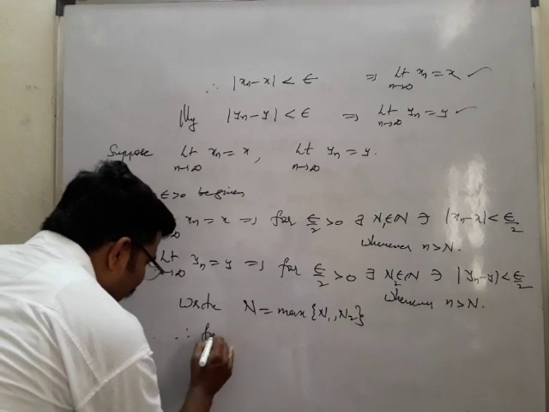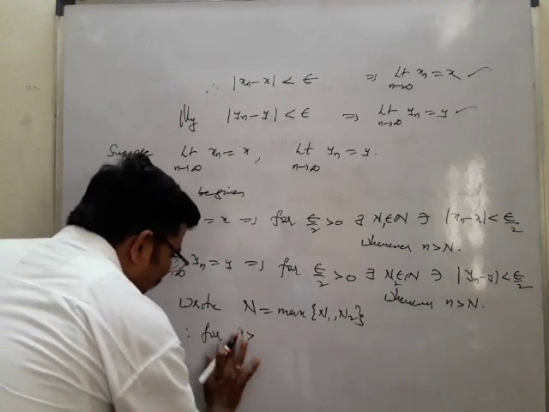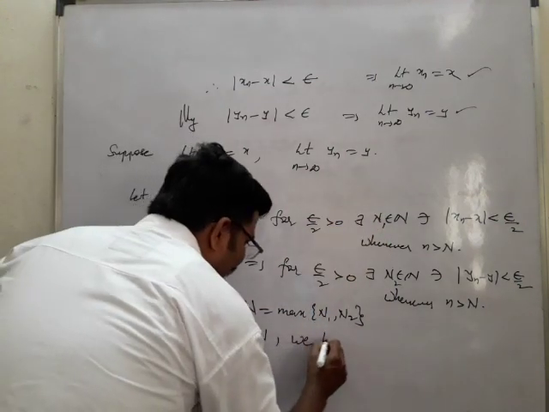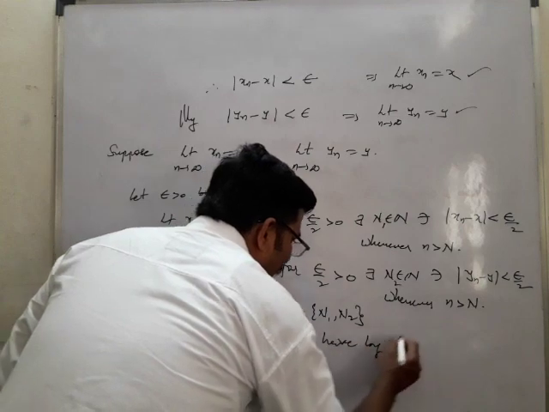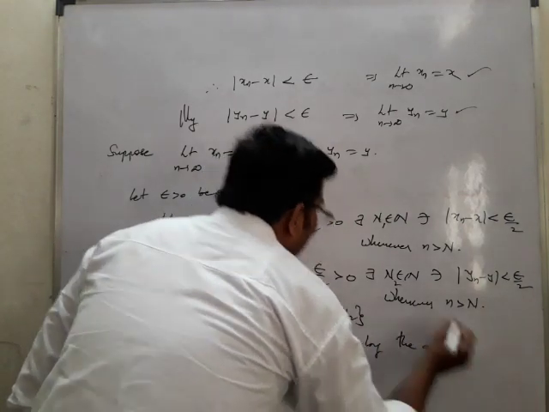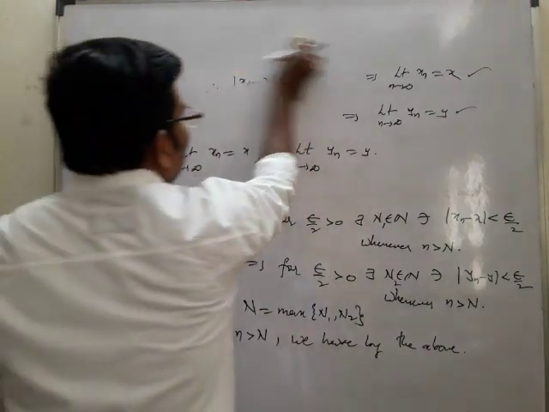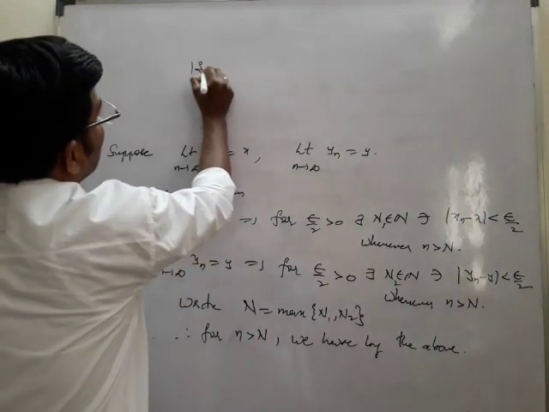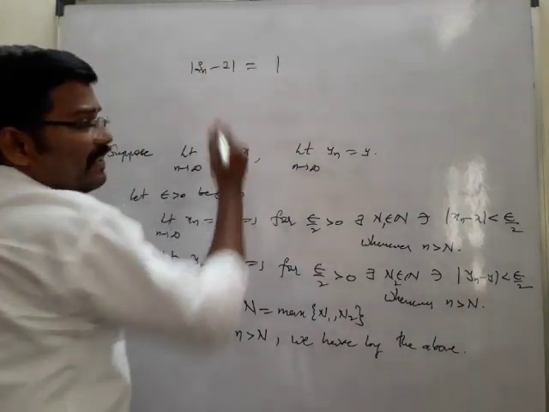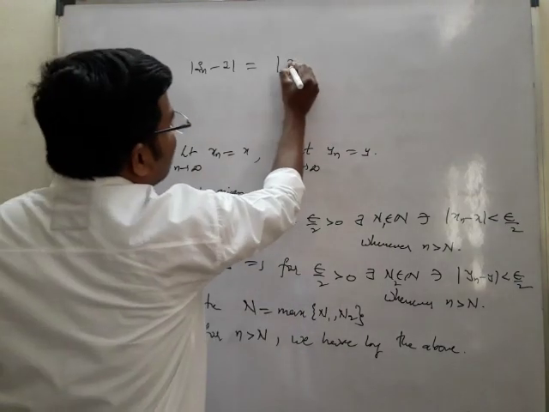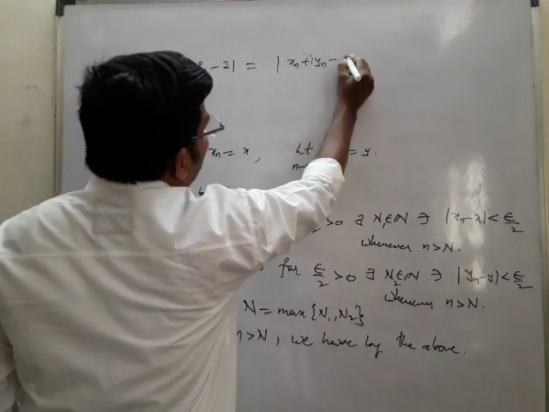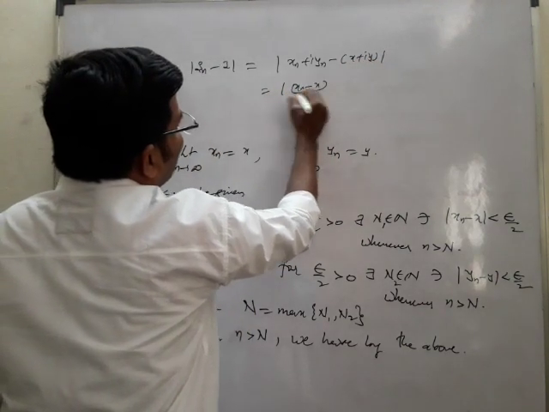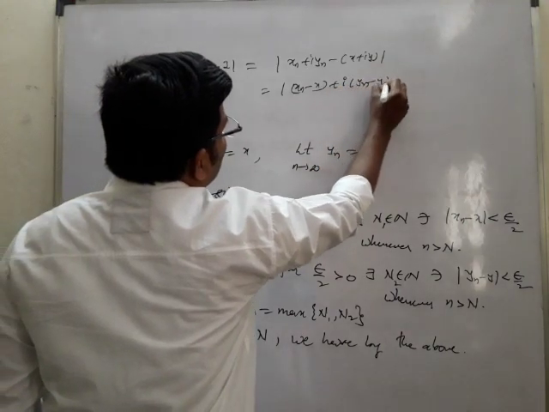So therefore for n greater than N, we have by the above, mod zn minus z is equal to mod of xn plus i yn minus of x plus i y, that is equal to xn minus x plus i into yn minus y.